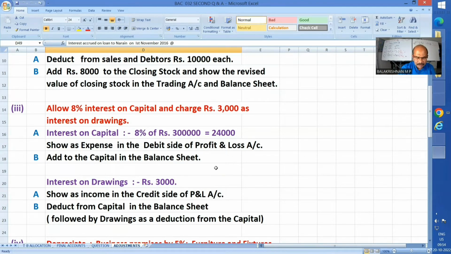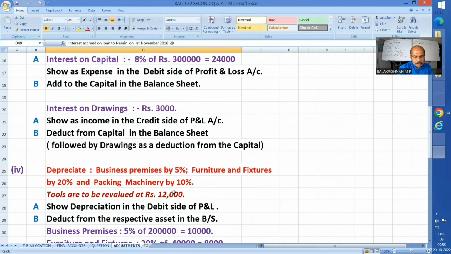The very first thing in my first episode, BSE 001, what I told you, the fundamental thing one has to know, business and businessman are different. Interest on capital is an expense from the point of view of the business. So show as expense in the debit side of profit and loss account, and it belongs to whom? Businessman. He is represented by capital. So add to the capital in the balance sheet.